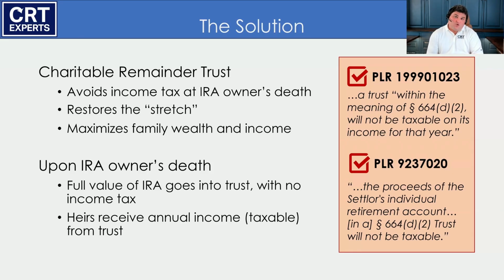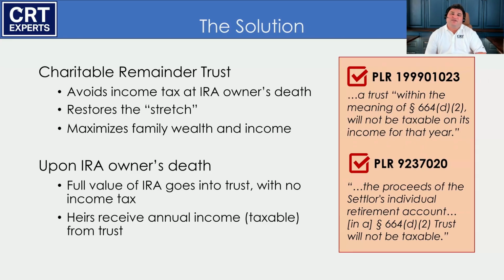In this scenario, when we have a CRT taking in those IRA assets, the initial value, if it's a $1 million IRA that goes into the CRT, that goes in income tax free, but that $1 million is allocated to the ordinary income tax tier.